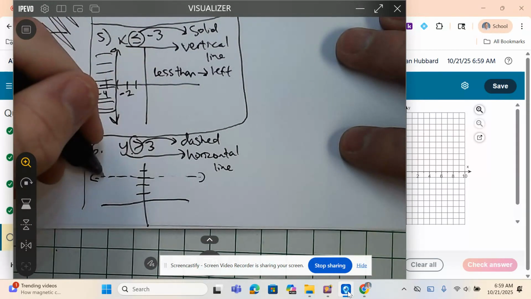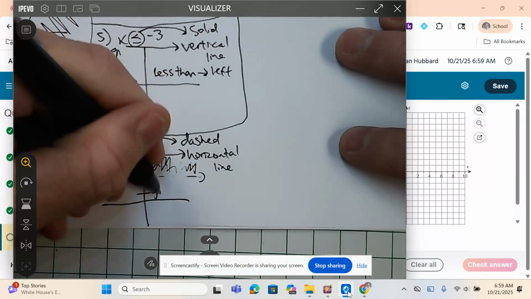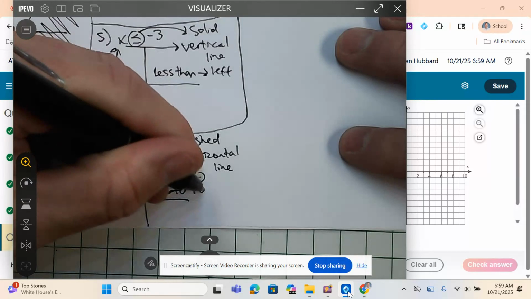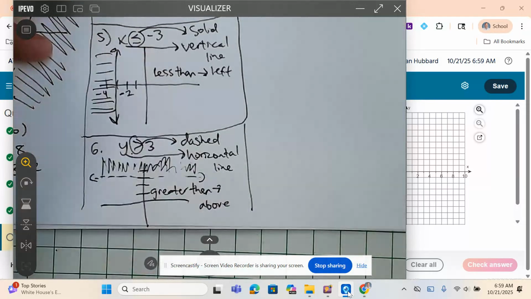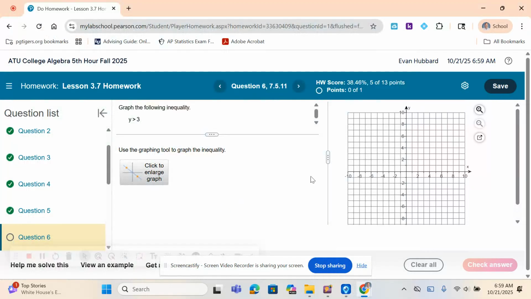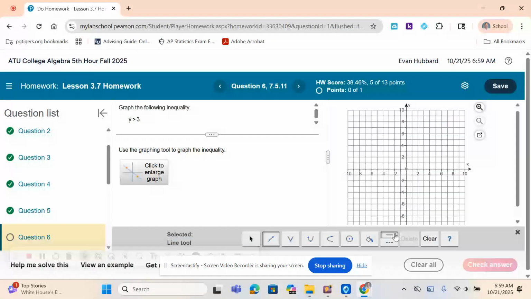So greater than is above. So I'll do y, 3, line dashed 3, and it's going to be shaded filled above.